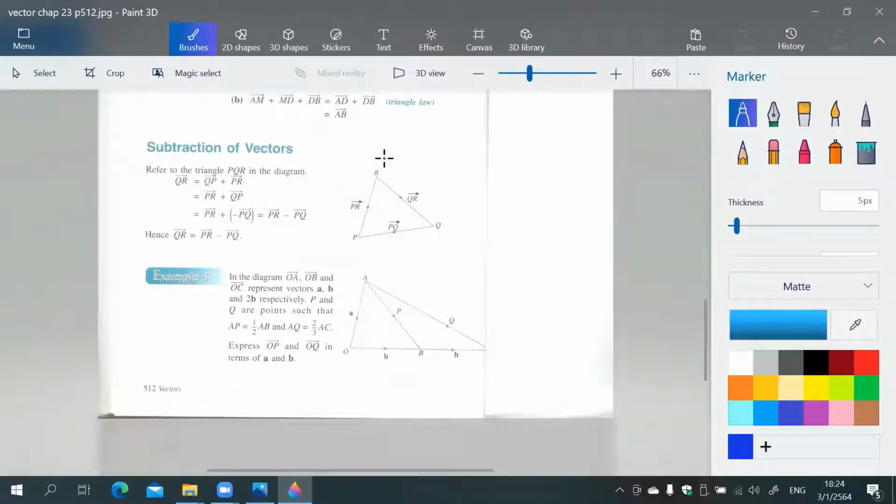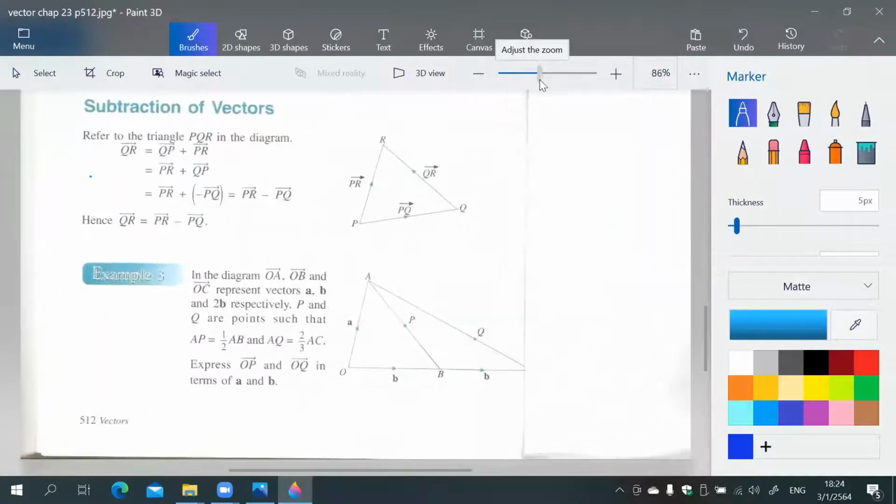See, if you have the triangle PQR, PQ, QR, and then RP have the opposite direction to the other two vectors.